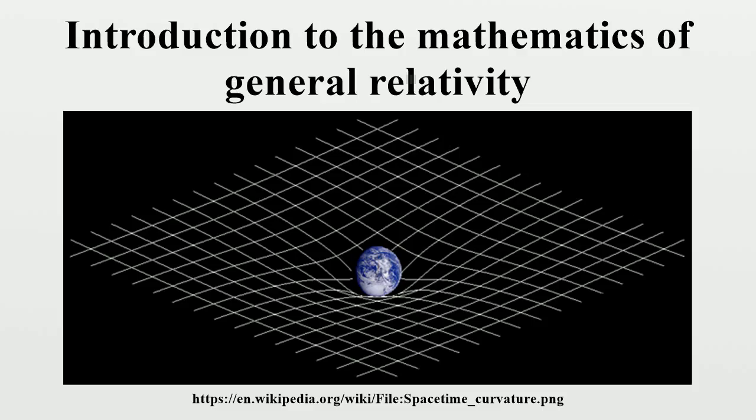Einstein equation. The Einstein field equations or Einstein's equations are a set of 10 equations in Albert Einstein's general theory of relativity which describe the fundamental interaction of gravitation as a result of spacetime being curved by matter and energy.